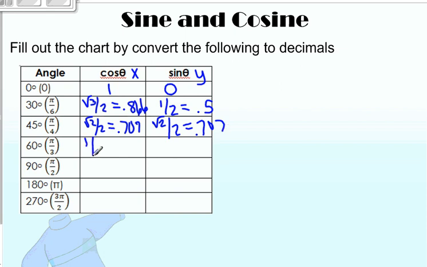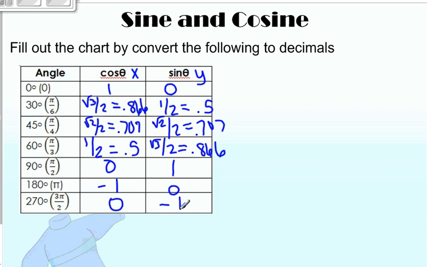Pi over 3, we've got 1/2 as our x, which is 0.5 as a decimal, and then we've got the square root of 3 over 2, which gives us 0.866. At 90, our x value is 0 and our y value is 1. At 180 or pi, it is -1, 0. And at 270, it is 0, -1.